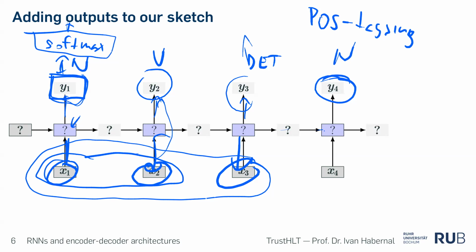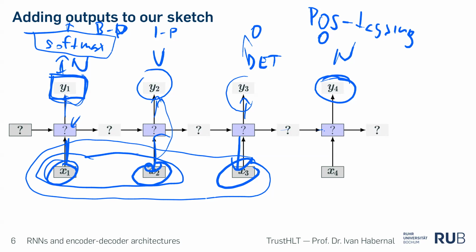More concretely, do you remember BIO tagging? Beginning of entity, inside entity, and outside. BIO tagging, lecture number 1. We are classifying each word into whether it's the beginning of a name, for example, or person. Beginning of person, inside a person, and then O as not an entity. Sequence tagging. Okay, so this is another task we can solve. Remember this. This is what we can solve with this.